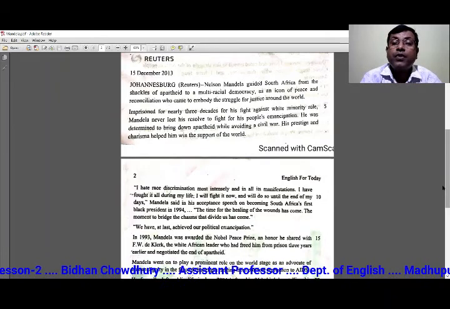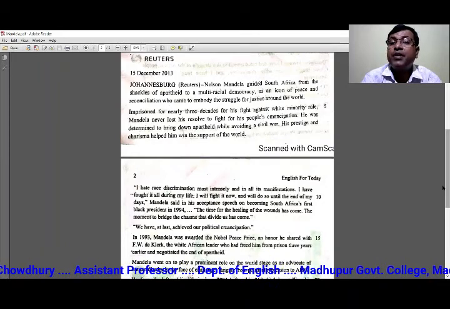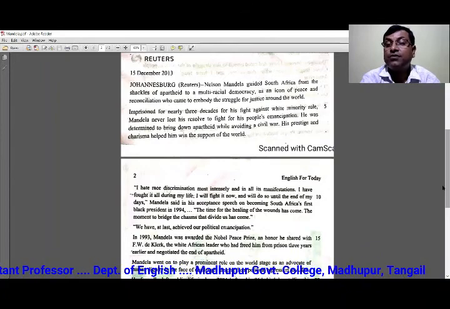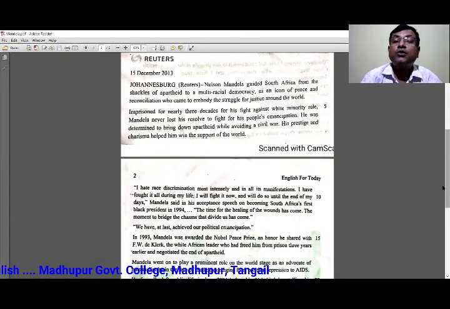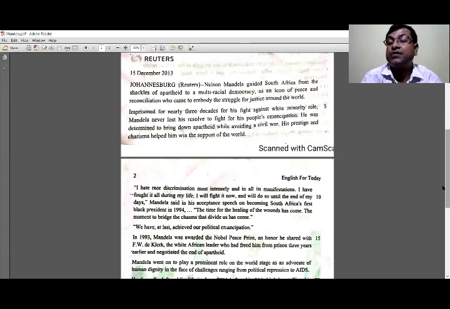Let's start. Nelson Mandela guided South Africa from the shackles of apartheid to a multiracial democracy. Dear students, this is Nelson Mandela, who led South Africa, who actually liberated South Africa from the shackles of apartheid, and led South Africa to the way of multiracial democracy.